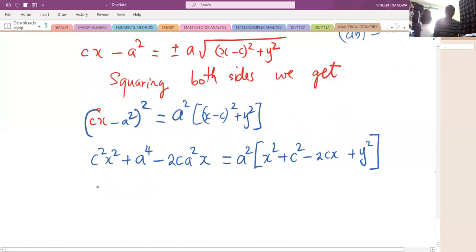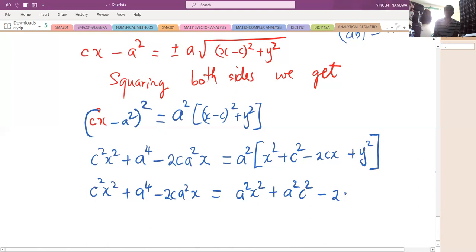When you open brackets, we have c squared x squared plus a to the power 4 minus 2c a squared x equals a squared x squared plus a squared c squared minus 2 a squared c x plus a squared y squared.